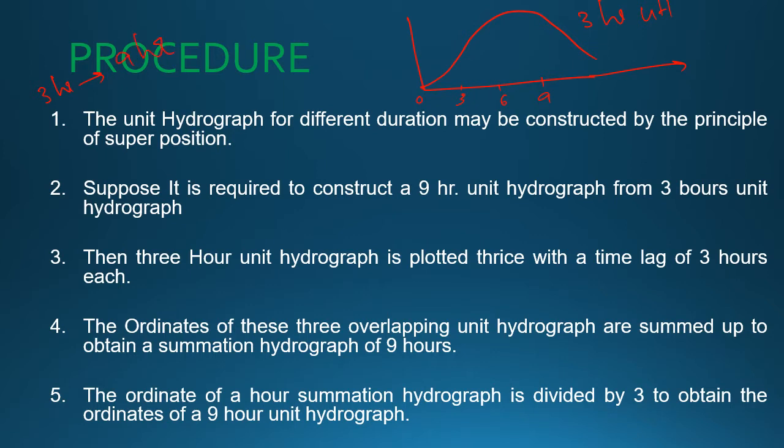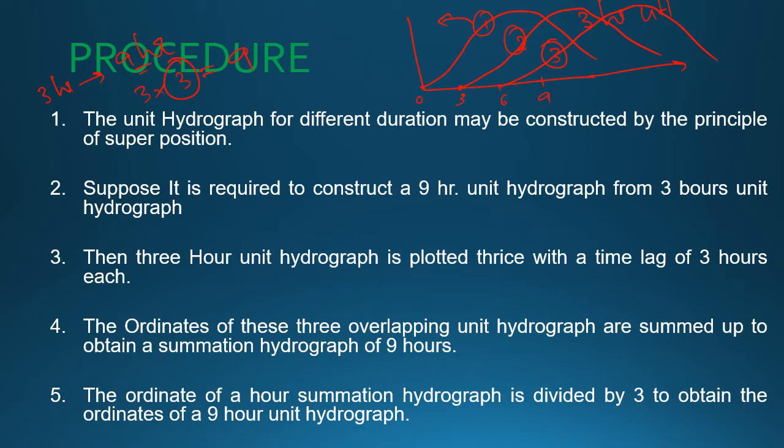For that, 9 is the third multiple, that is 3 into 3 equal to 9. So we have to sum up 3 curves. This is one curve, then the second lagged curve is this, that is a 3-hour lag, then next is a 6-hour lag. So we have to sum up these 3 curves to get the 9-hour flood hydrograph.